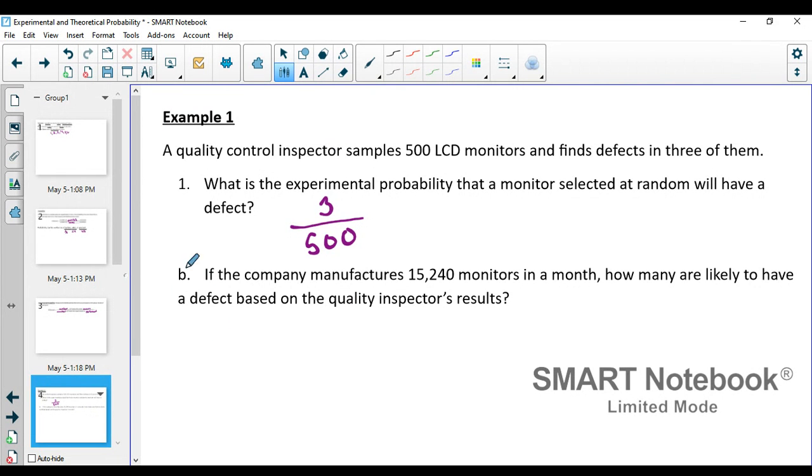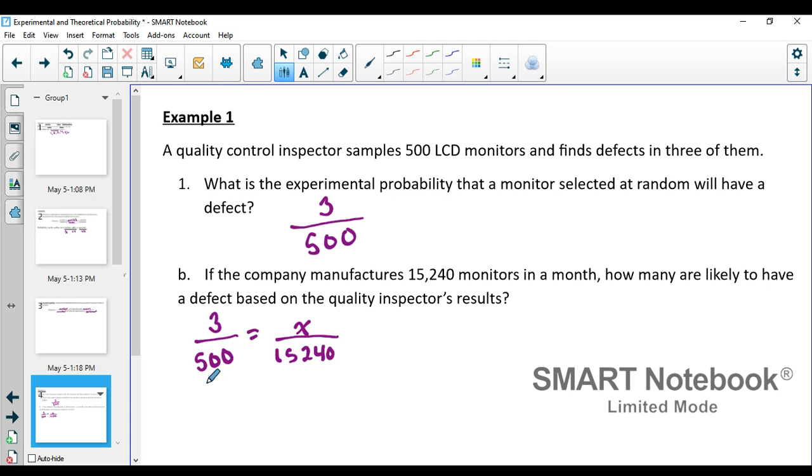So in part B, if the company manufactures 15,240 monitors in a month, how many are likely to have a defect based on the quality inspector's results? All right, so we're actually going to set up a proportion to solve this. So we're going to do 3 over 500 equals, and then since 15,240 is the total number, it's going to go with the 500 because those are the 2 totals, and we're trying to figure this one out.